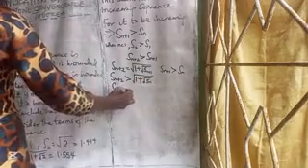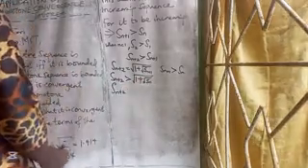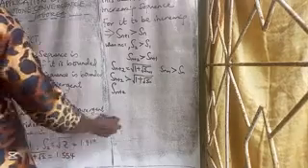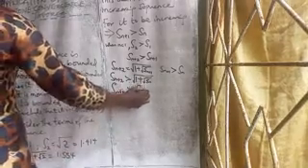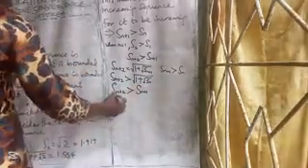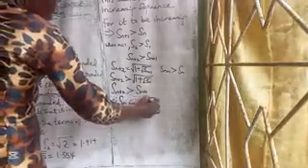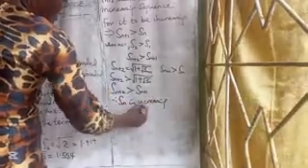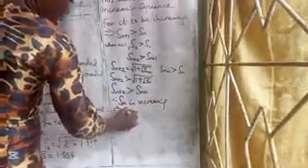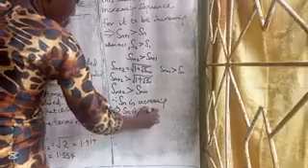And so Sn plus 2 is truly greater than Sn plus 1. Therefore, Sn is increasing, and so Sn is monotonic.